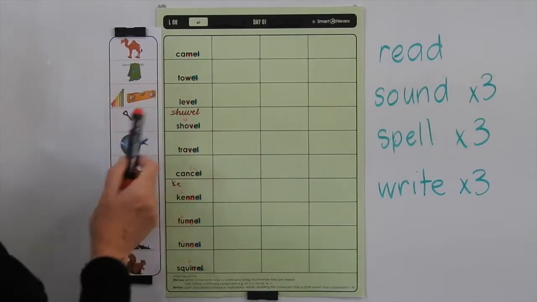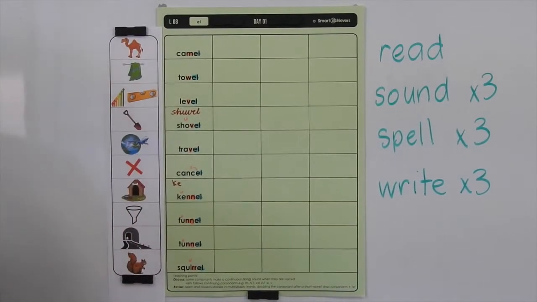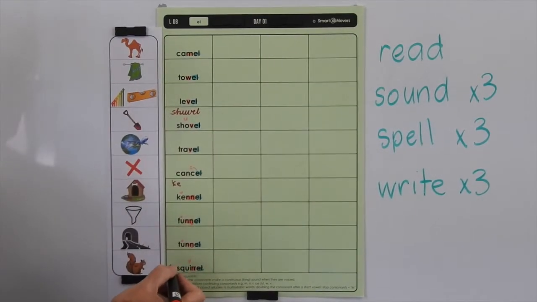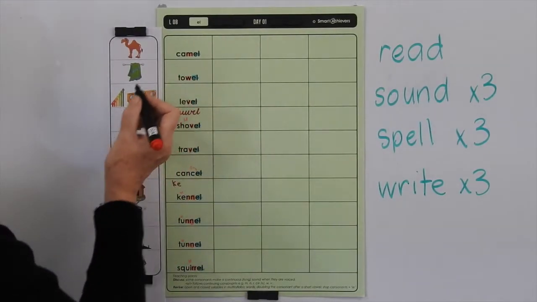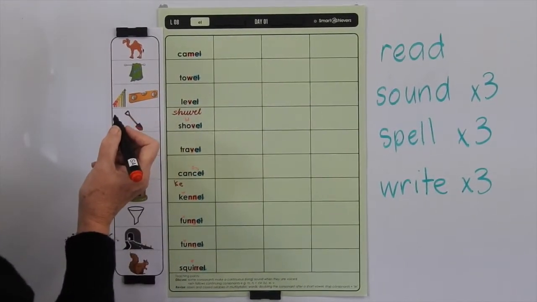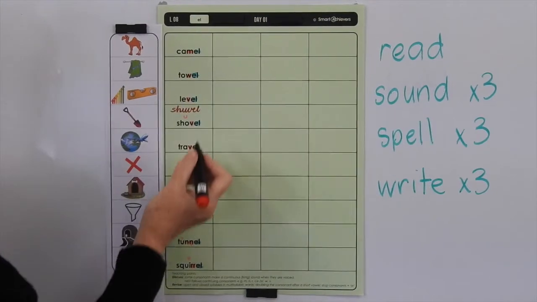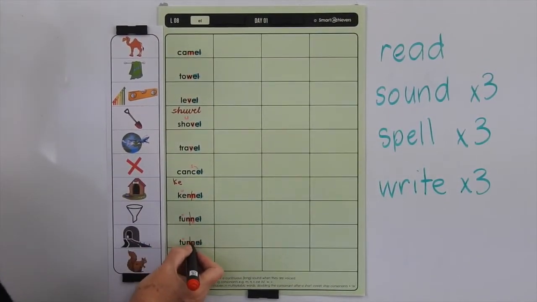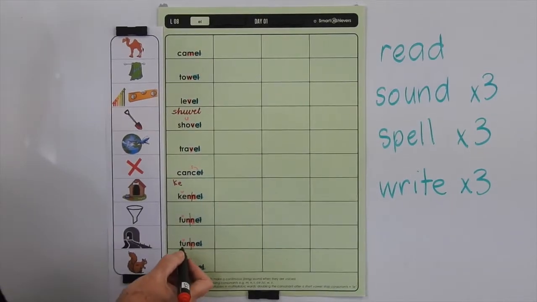Okay, so let's read the words, sound them, spell them and write them. So we've got camel. Now, because these are all more than one syllable, you're probably best to break them into syllables. So cam-el. When you get down here, you're going to split these ones between those double letters.